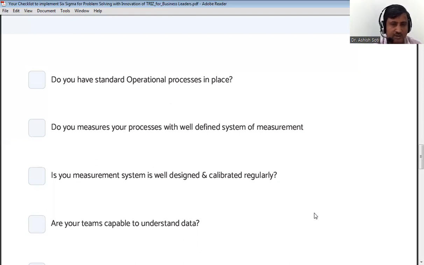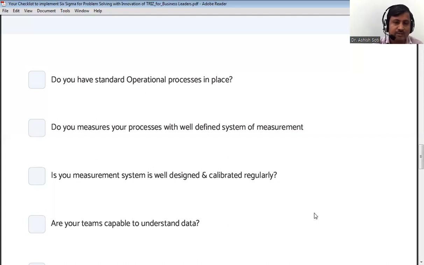There are agencies who can do the calibration. If you do not have one, then try to make a standard measuring device and compare your measuring instrument with it. Check it at regular intervals, to see whether my 1 centimeter is still 1 centimeter, or whether it has been eroded or something has happened.